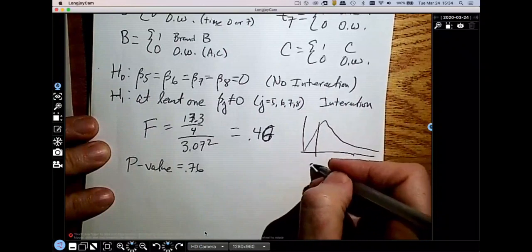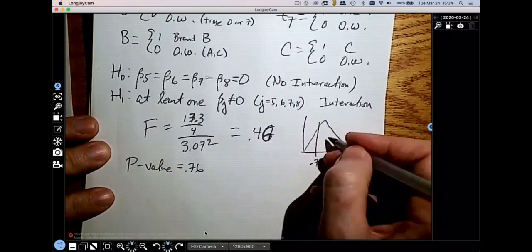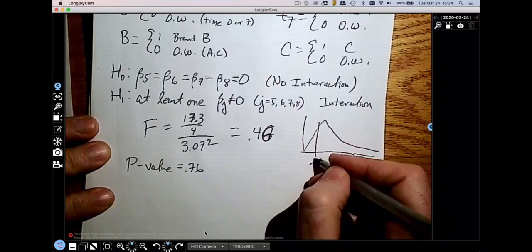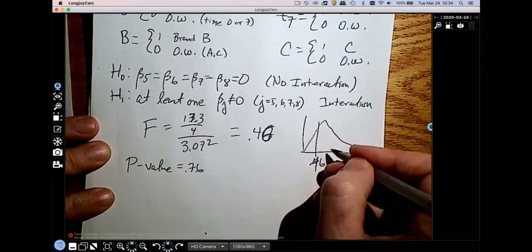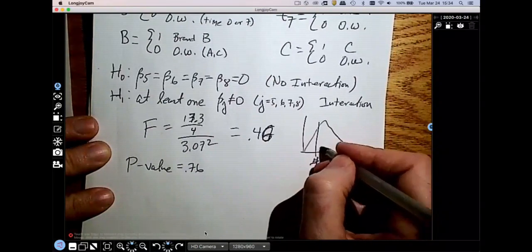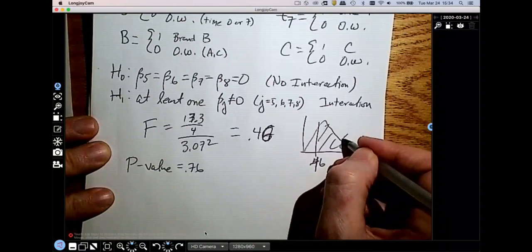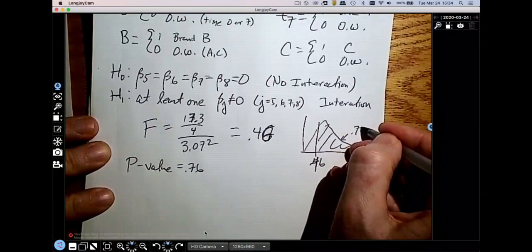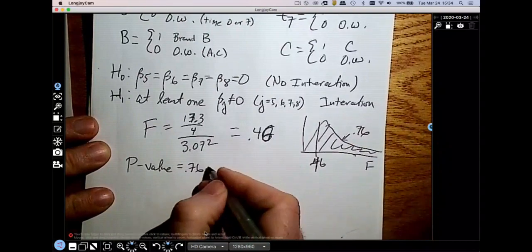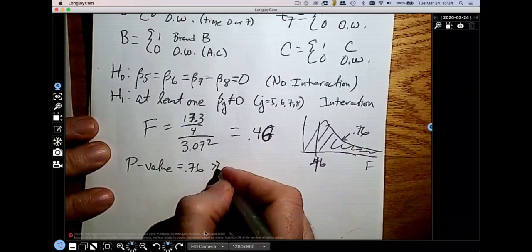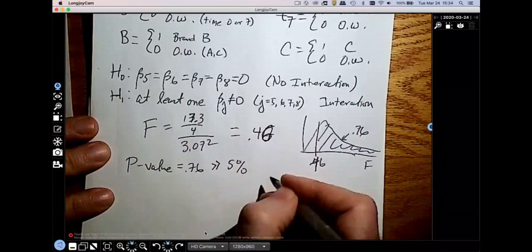Somewhere out here is the value 0.46. The area to the right, this whole area out here, is 0.76. All right, this is substantially greater than 5%.